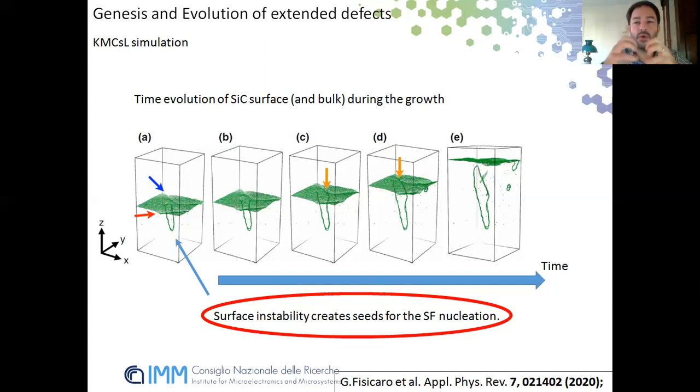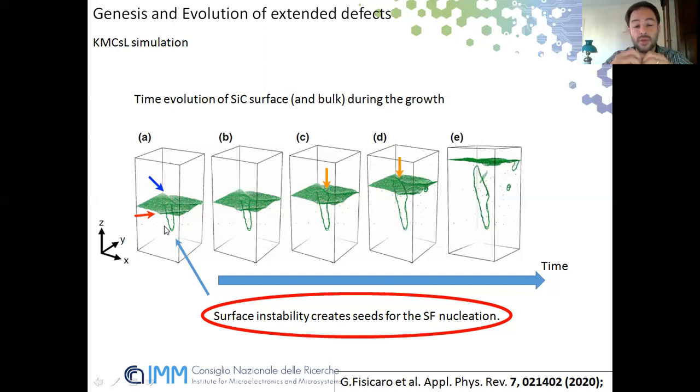But when they introduce an inverted domain boundary and start the growth, they have the formation of defects, and in particular the formation of stacking faults.